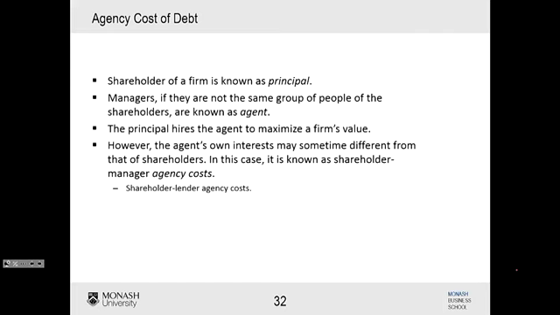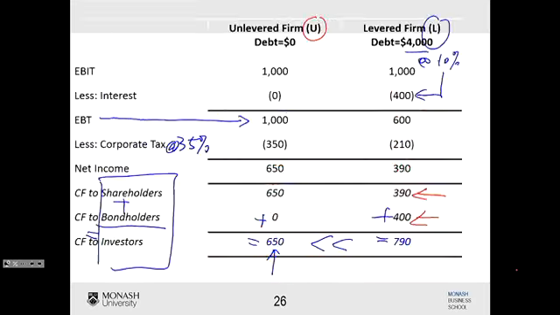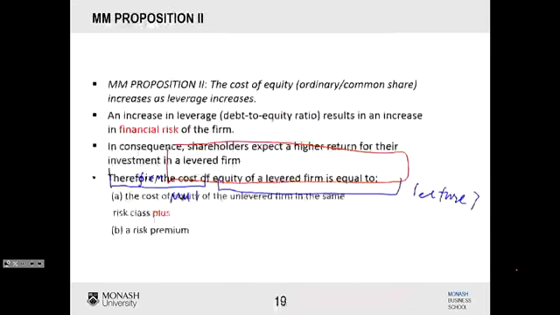And the first cost is insolvency cost. Because otherwise there's a free lunch in the world. There's no free lunch. Because the more debt you use, you're going to incur the insolvency cost. How to understand the insolvency cost? Let me go back. That's why I have to put this economic scenario.